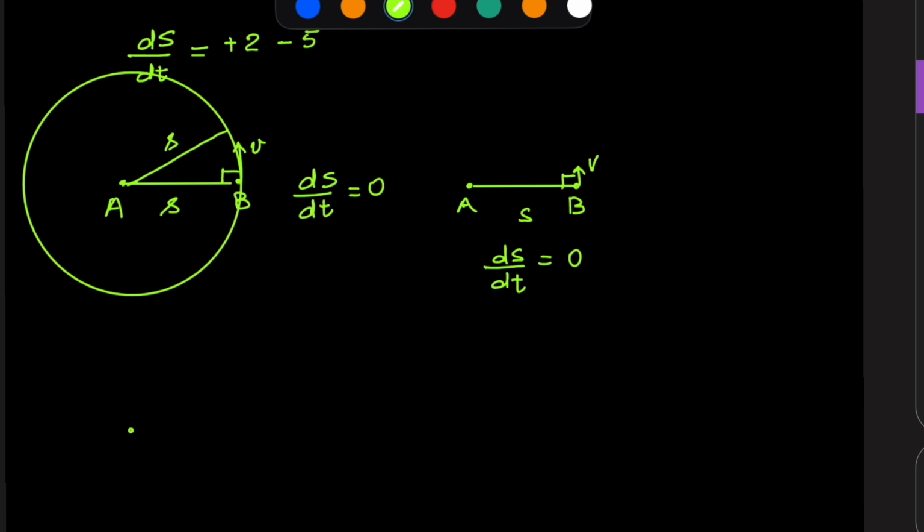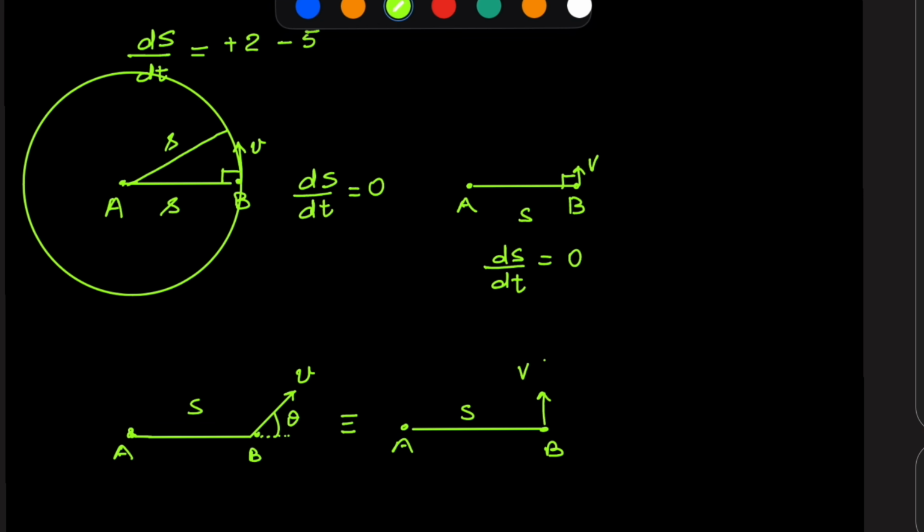Now consider a more general situation. A and B, again two particles separated by s, and suppose B happens to be moving at some angle with the line joining A and B, and let this angle be theta. Now in this case we can resolve the velocity into its two components, one perpendicular to the separation, that is the line joining A and B, here v sin theta, and another along the separation, that is v cos theta.